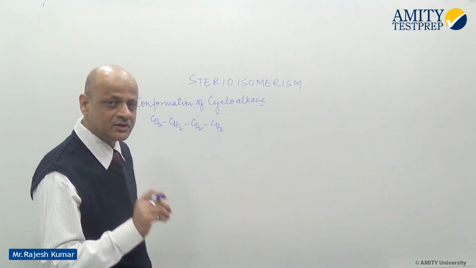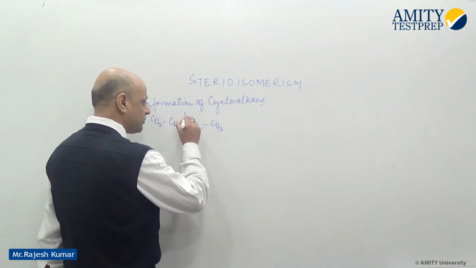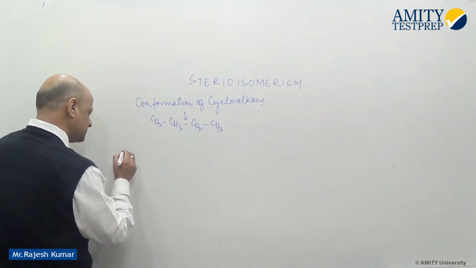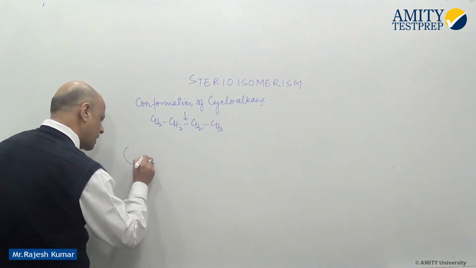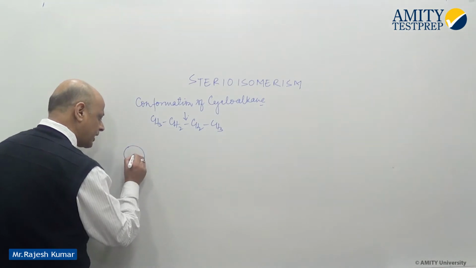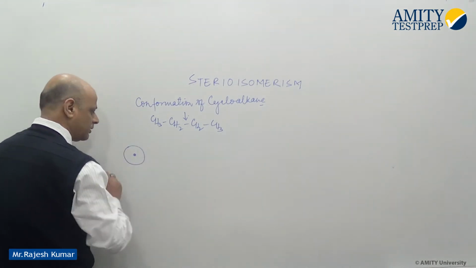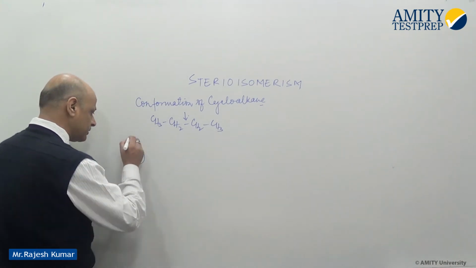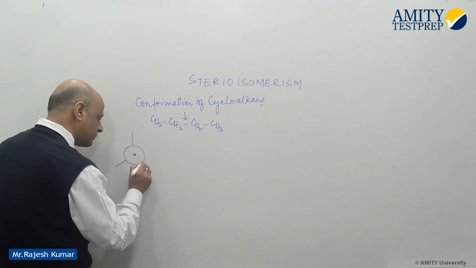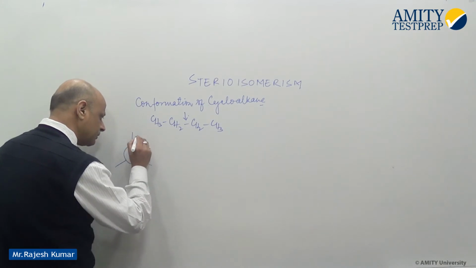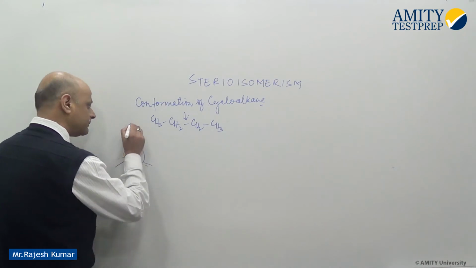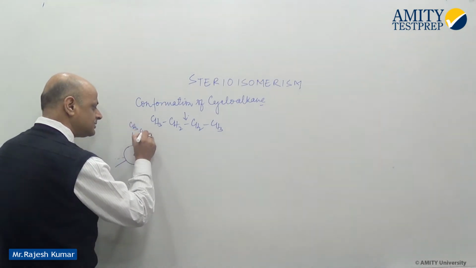We are going to represent the conformational isomerism along this middle bond. In the Newman projection, the front carbon is represented by a big circle and the last one by a dot, viewed from the front. This bond belongs to the front carbon and this bond to the back one. This is your CH3 and CH3.